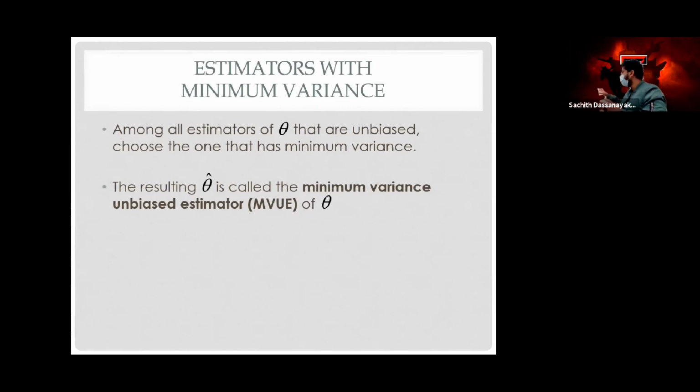If we have a few point estimators, we pick the minimum variance one. That estimator, let's say it is theta hat, we call the minimum variance unbiased estimator, MVUE. If you write it like this, I know what it means here.